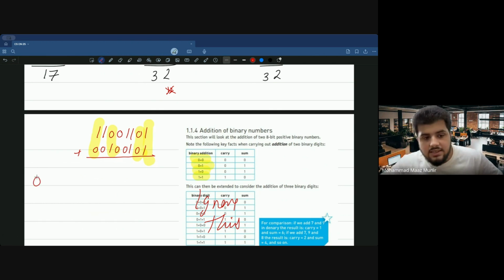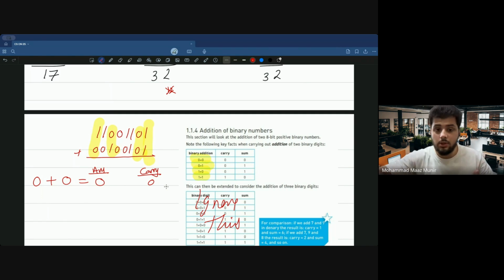Whenever we are adding 0 and 0, so let me just make this plus sign so it's much more clear. Whenever we have something like 0 plus 0, we need to write the answer as 0, like it's going to be a 0 up here in the answer. But we will also have a carry, and the carry will also be a 0.